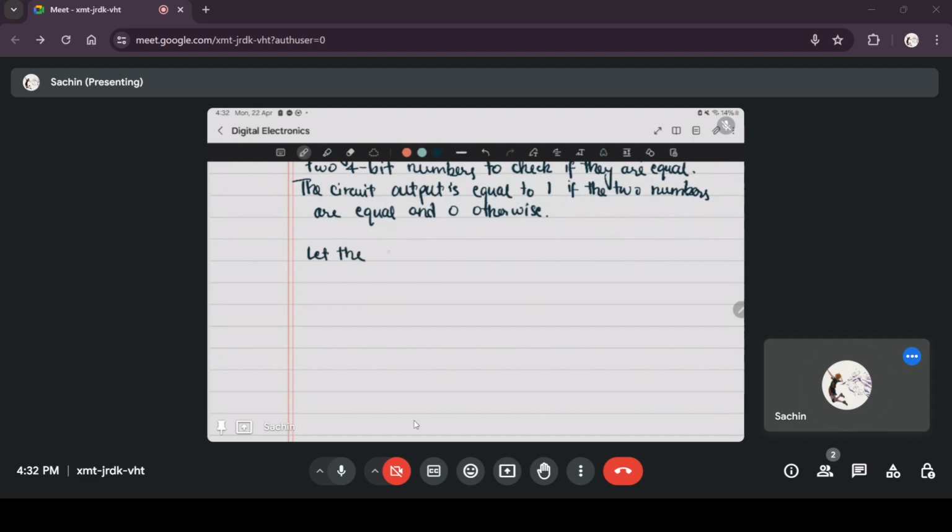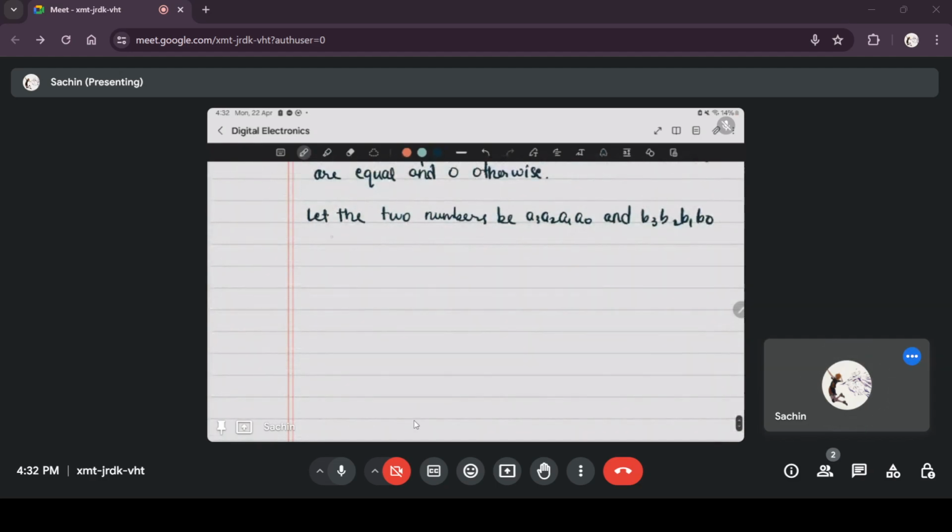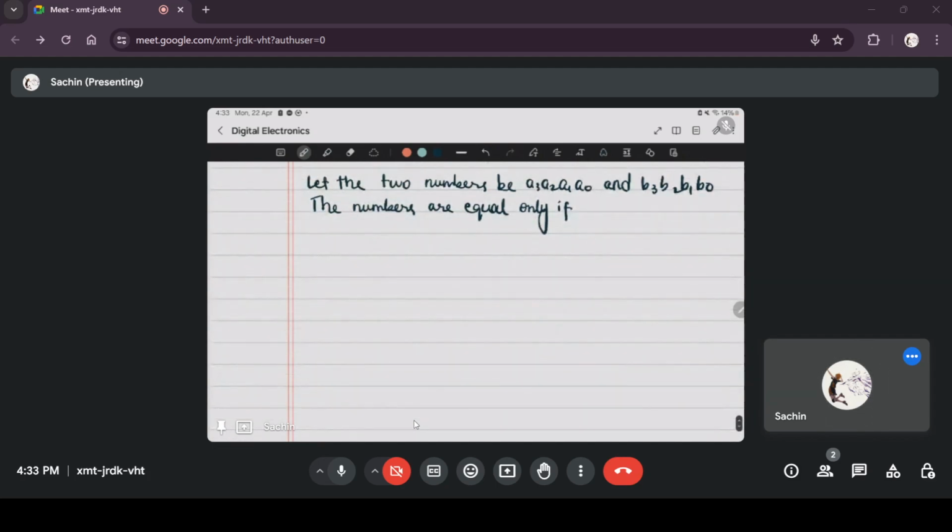Let the two numbers be A3, A2, A1, A0 and B3, B2, B1, B0. The numbers are equal only if A3 equals B3, A2 equals B2, A1 equals B1, A0 equals B0.